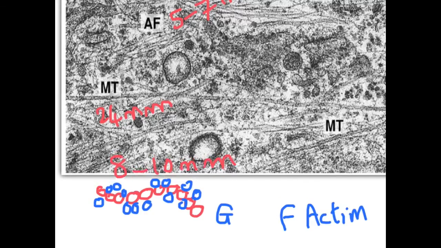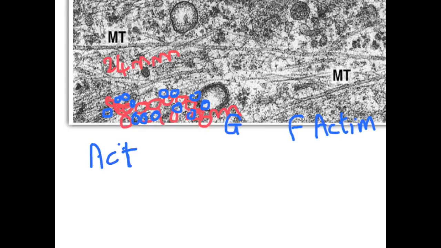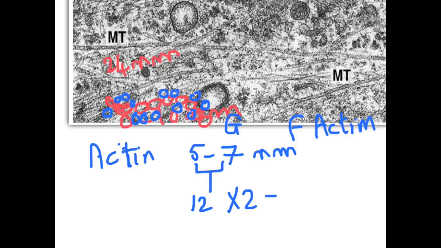How to study these sizes? Here we have the actin is 5 to 7 nanometer. 5 to 7 together are 12 nanometer multiplied by 2 equal 24 nanometer, which is for the microtubules.